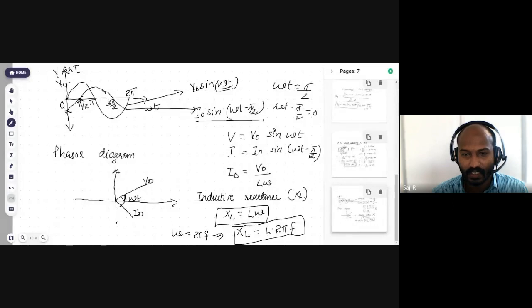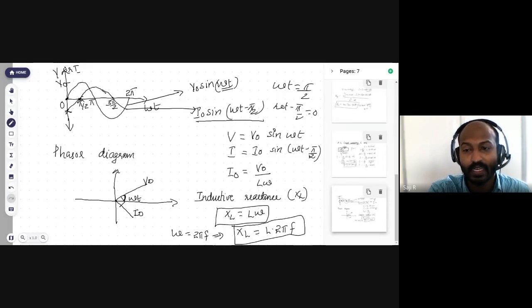Got it? But if it is a resistance, that resistance will oppose DC and AC, correct? But the inductor will not oppose the DC because the reactance of the inductor depends on the frequency.